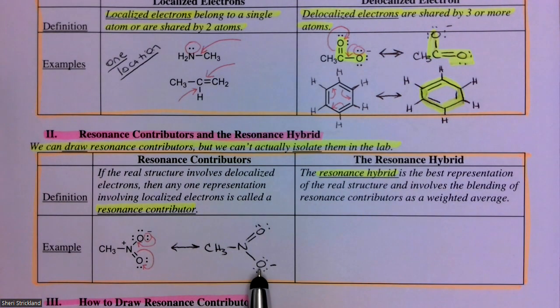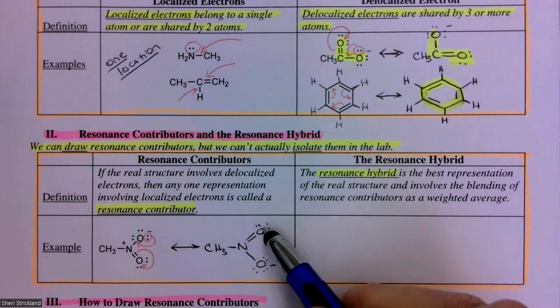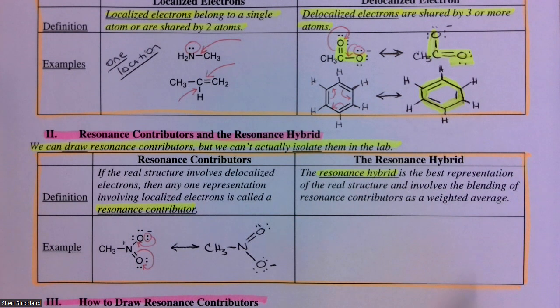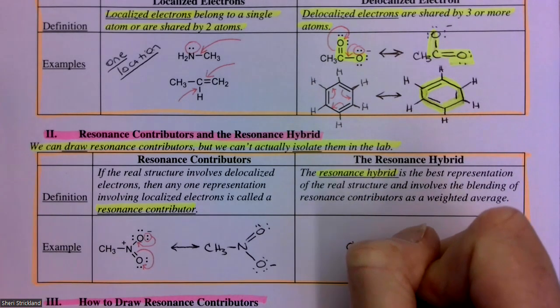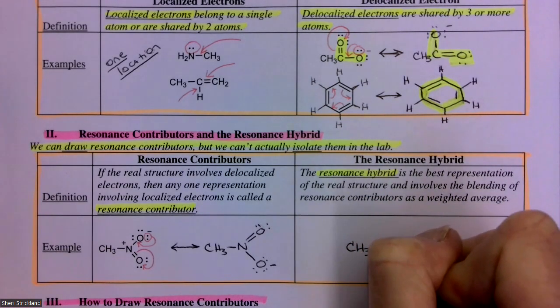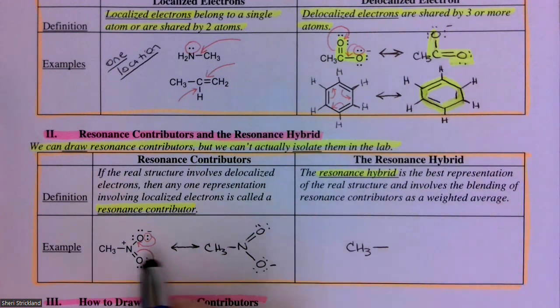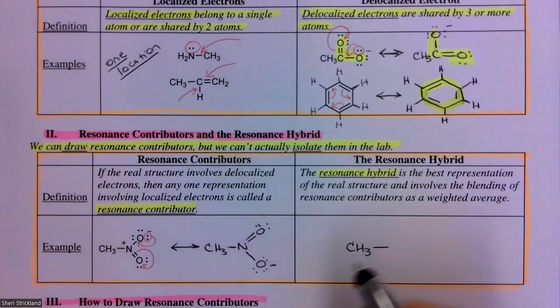Because, of course, a single bond between two atoms is going to be longer than a double bond between those same two atoms. So the resonance hybrid is the best representation of the real structure and involves the blending of resonance contributors as a weighted average. In this case, we would represent it like this. Now, this part of the molecule is the same in both cases.